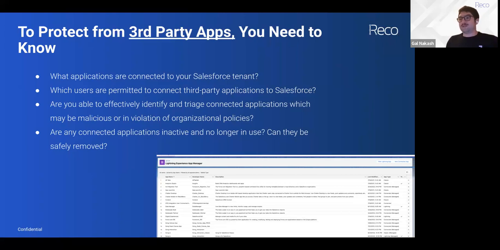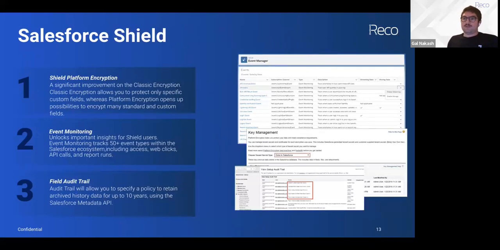To safely remove applications, we need to have event logs and access logs, and this can be provided by Salesforce Shield.